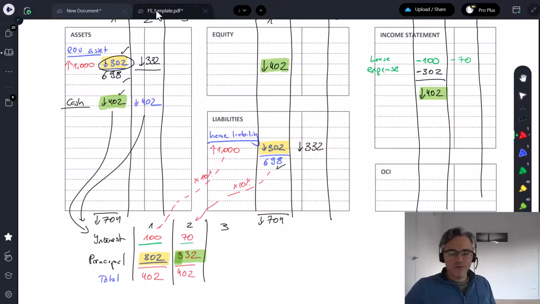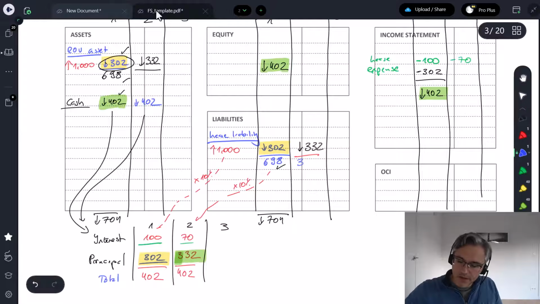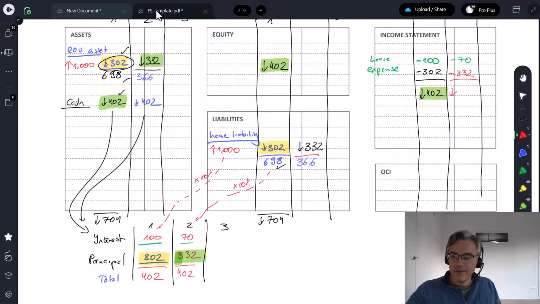You reduce the right of use asset by exactly the same amount as you reduce the lease liability, meaning that what you've got at the end of the year here is going to be 366, and that's going to be the same as the carrying amount of the asset. And of course, whatever you took to the asset as amortization also goes to your P&L. So this time your P&L is impacted, well, hey, for again 402, which is the same amount that left cash.